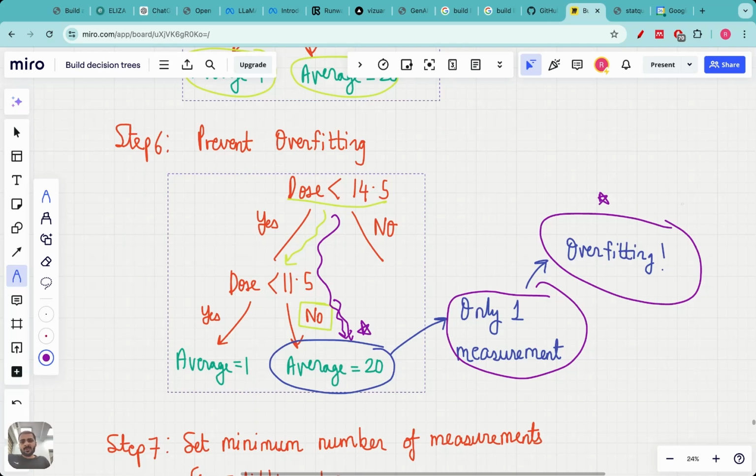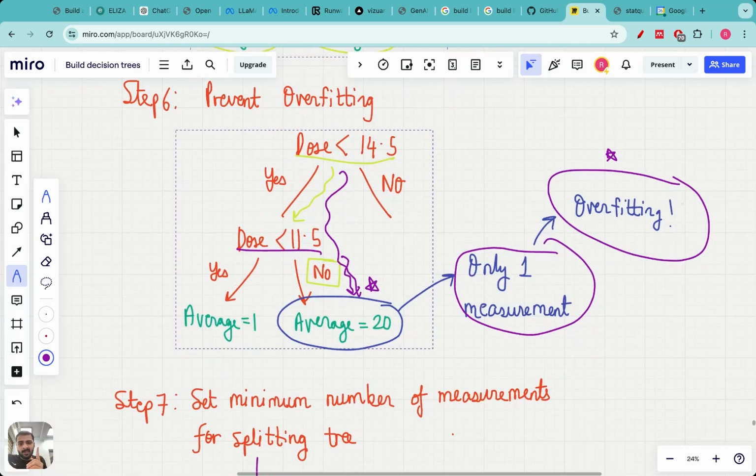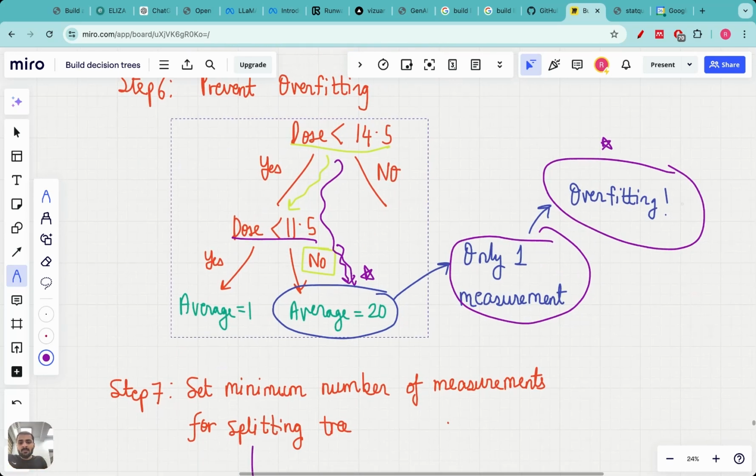So it turns out that having a threshold such as dose less than 11.5 is not as simple as that. We also need to take into account one more thing: what is the minimum number of measurements for splitting the tree? What this means is that if you calculate the SSR and want to split at dose less than 11.5, that's fine.